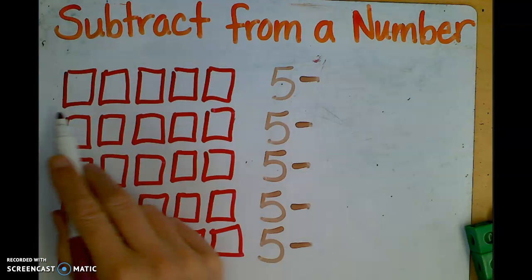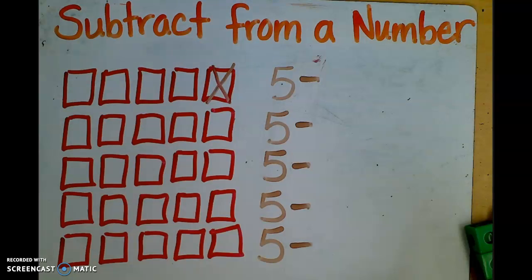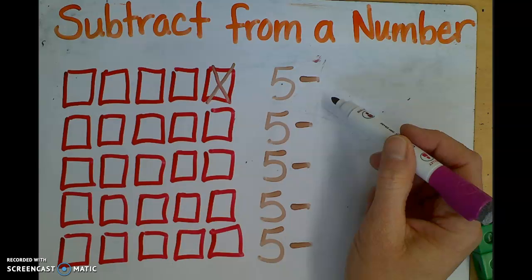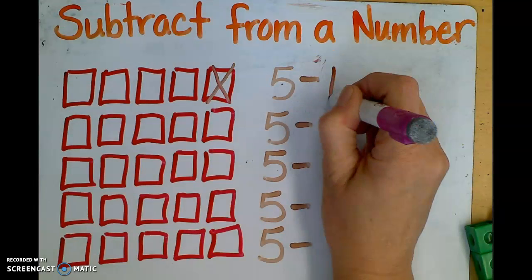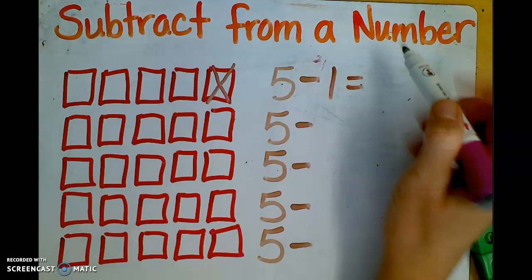I'm going to start with 5, but I'm going to cross out 1. If I cross out 1, what does my number sentence become? 5 minus 1 equals, how many are left? 4.